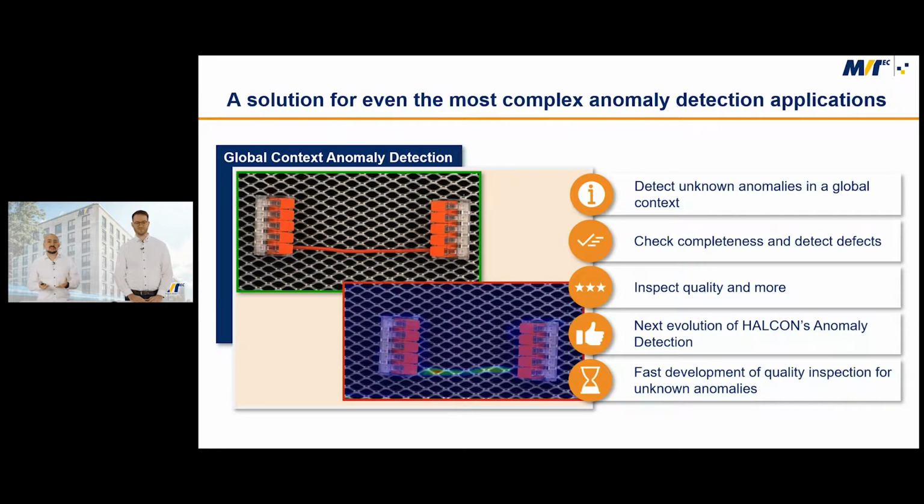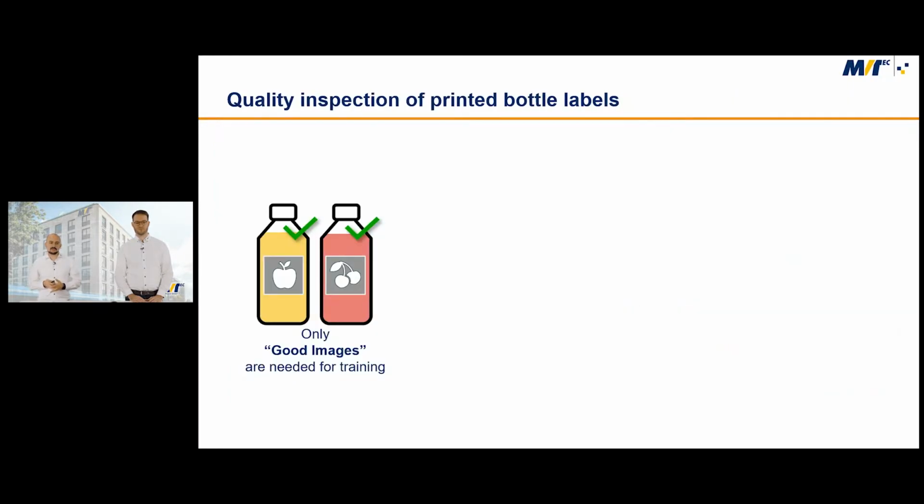It can be used for completeness checks and the detection of defects in an image. So it's basically used for quality inspection tasks. And we have quite fast development times for you, like the regular anomaly detection. This method only needs good images for labeling.